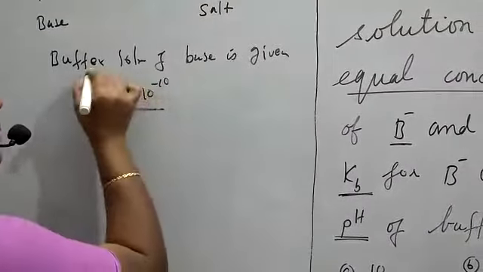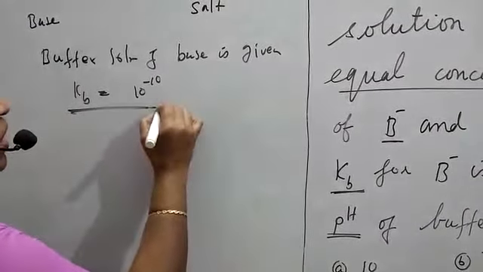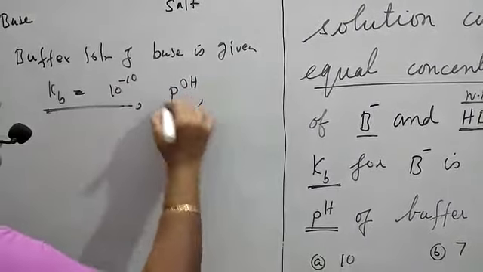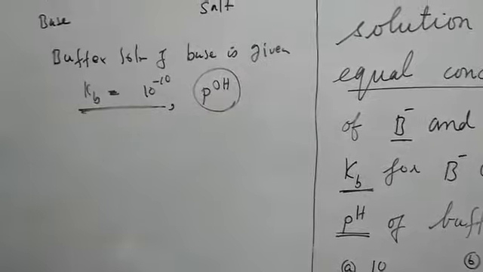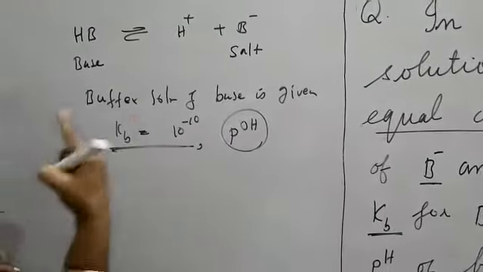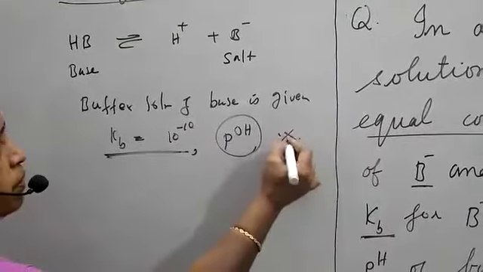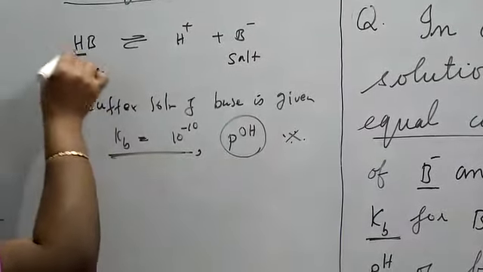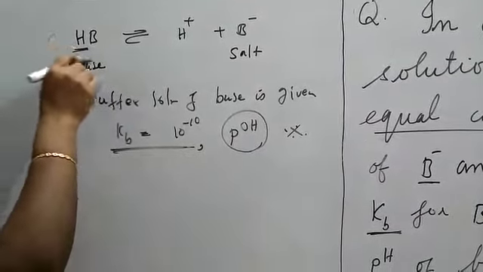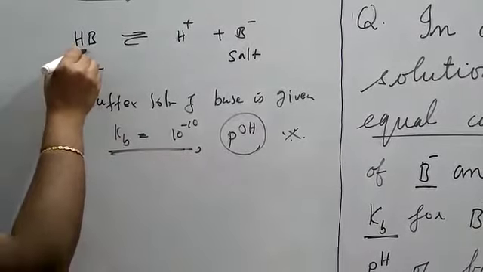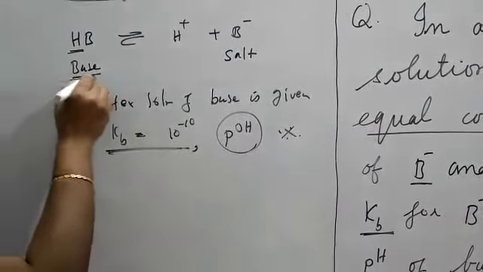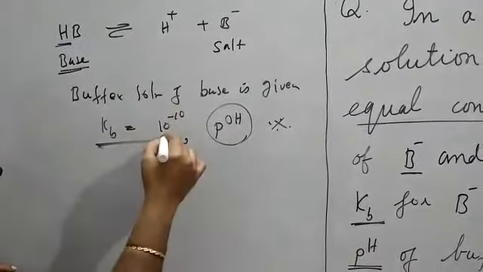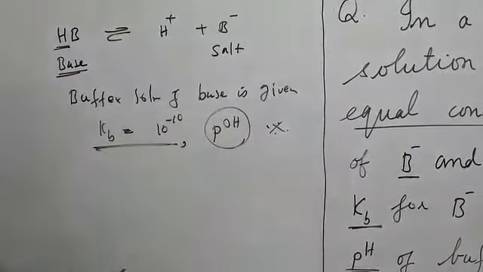It is the basic buffer, which means what we are going to calculate is pOH. Now let us write the equation for pOH. That is the important point. Don't get confused with the H. It is aimed to give us a misdirection. Even though it has the H, it is only the base, because it is the Kb. So what you are getting is pOH. This is the important trick.